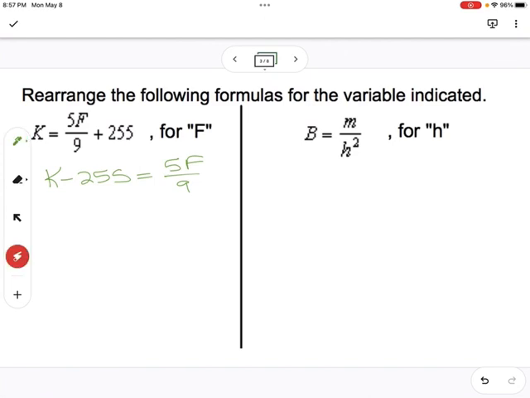Next thing we can move is this divided by 9. Bringing it over is multiplying. So both pieces, both terms on that left side get multiplied by 9. So that's 9 times k, and the minus 255 times 9 as well gives us 5f.